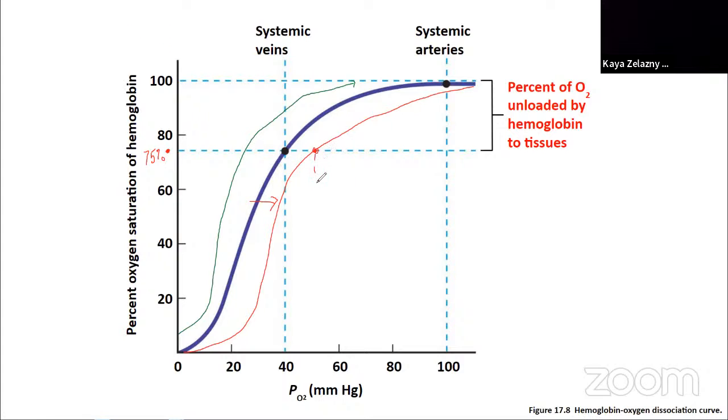What do we notice about the partial pressure? Did we need more pressure or less pressure to get to that 75% with the right shift? More pressure, right? So we need a higher partial pressure of oxygen to get that same saturation with a right shift. Do you think then that we have higher affinity or lower affinity in this situation? Exactly, yeah. So a right shift is lower affinity for oxygen.